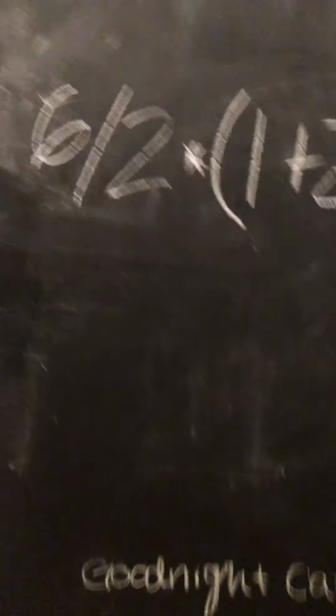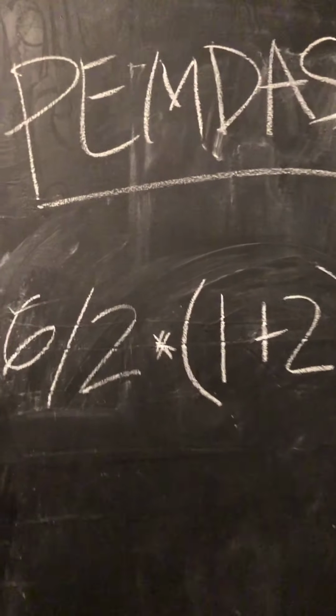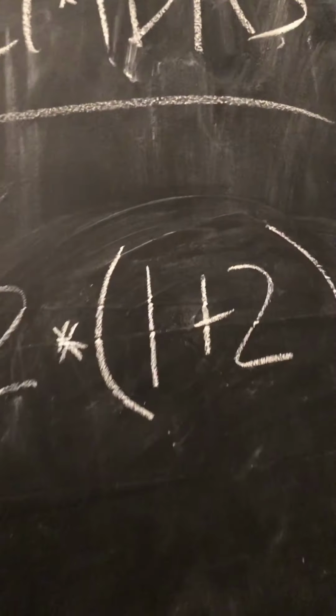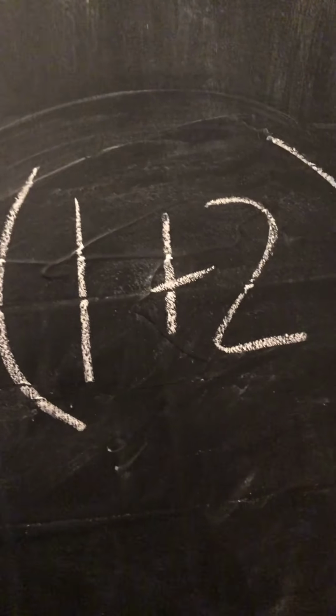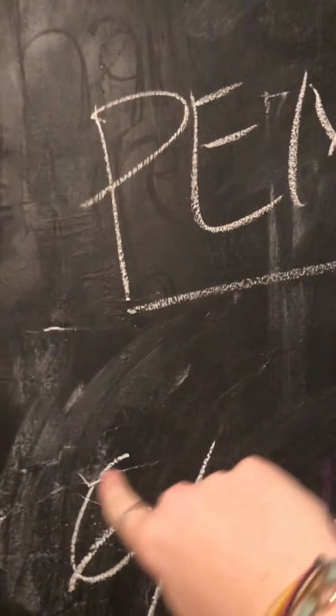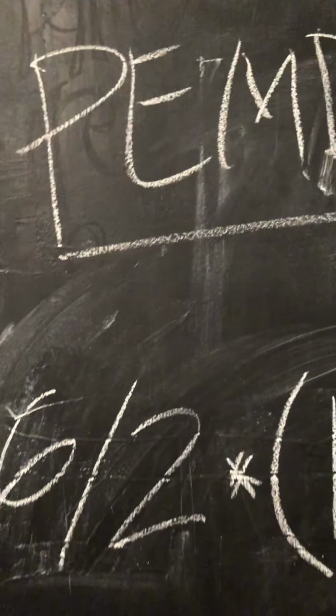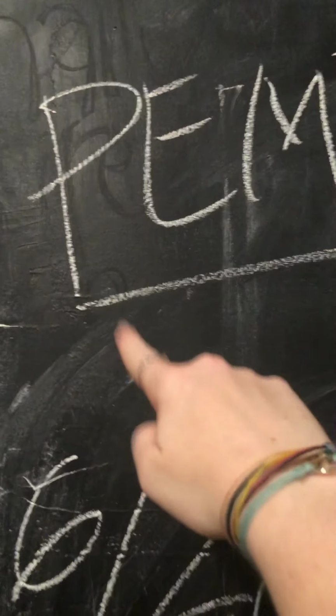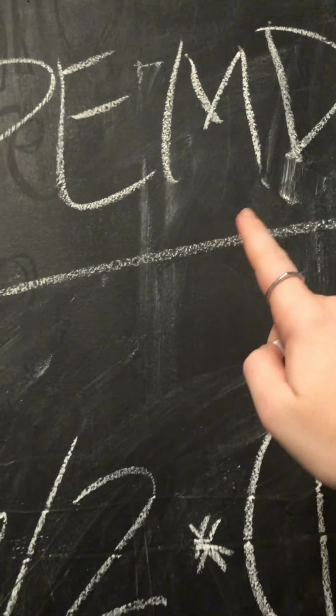So now we're going to solve it the right way using the PEMDAS strategy. You would do the parentheses first, so 1 plus 2 equals 3, boom. Then you look at what comes first from left to right. So if we look, parentheses, there's no exponents.